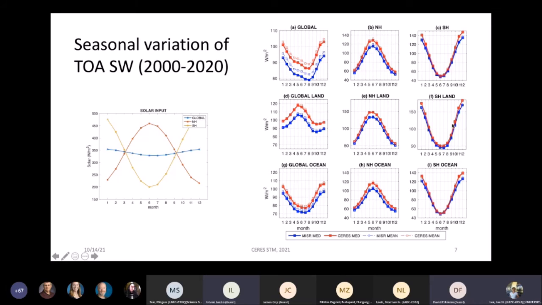The large amplitude of the annual cycle over the Southern Ocean can be attributed to the reflection from mid-latitude clouds over the storm track during the austral winter. So changes by cloud scattering dominate the changes in surface scattering over this region.